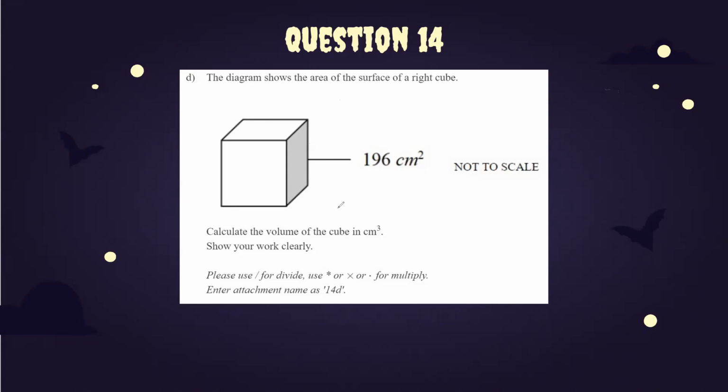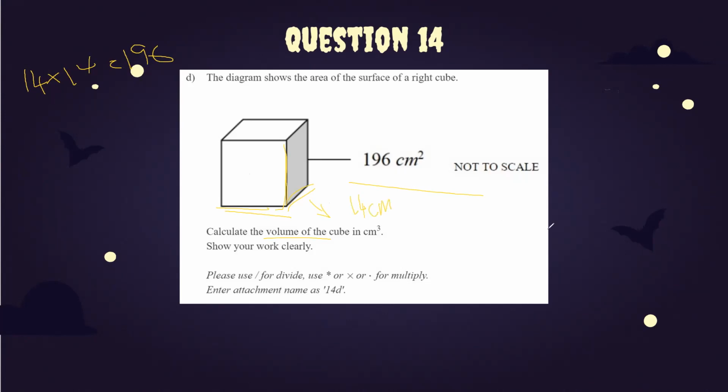And the question wants us to find the volume. So you use the area to find the length for each part. So you know that 14 times 14 equals 196. So each of these lengths is 14 cm.